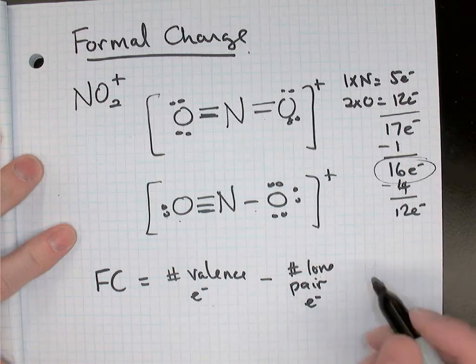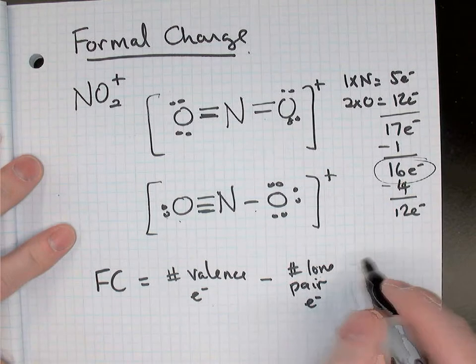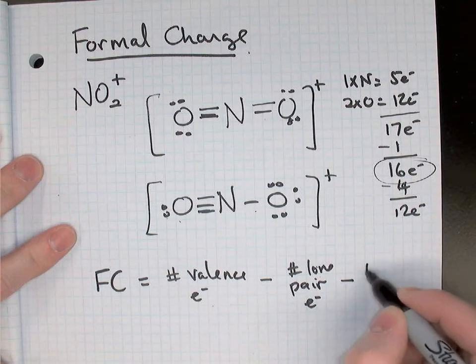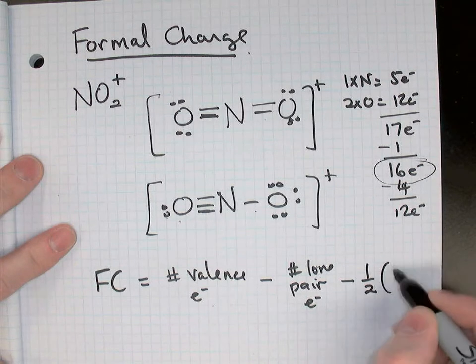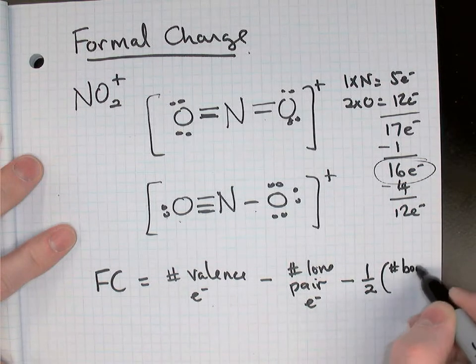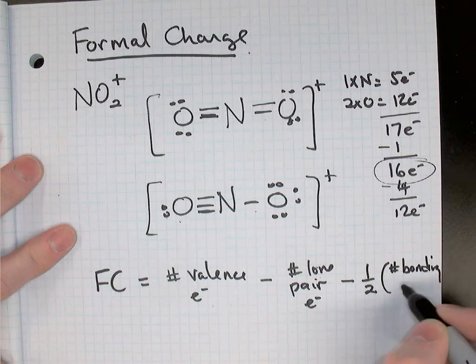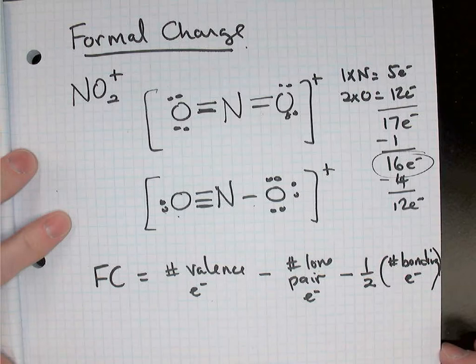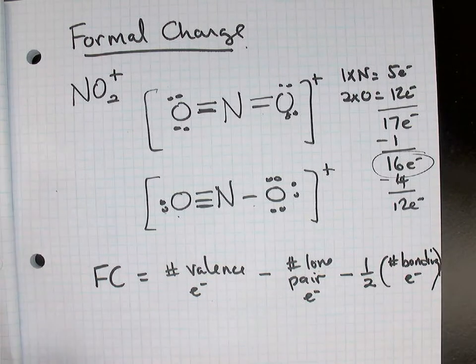Lone pair electrons belong entirely to that atom. And then subtract 1/2 of the number of bonding electrons. 1/2 because the bonding electrons are being shared between two atoms, so we're going to basically divide them between the two atoms.